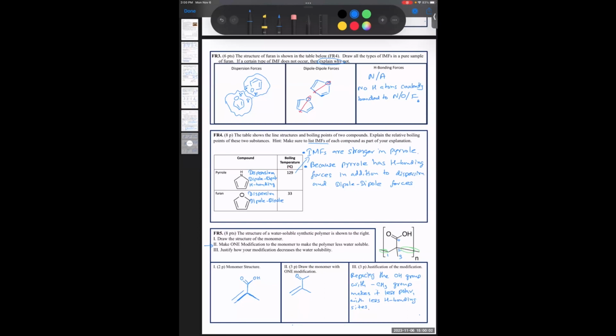Okay, replacing the OH group with the CH3 group makes it less polar with less hydrogen bonding sites. I think this should take care of it.